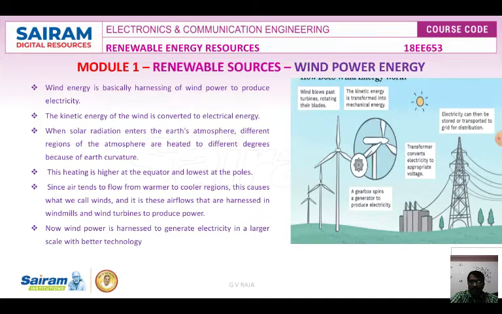This causes what are called winds. These airflows are harnessed in windmills and wind turbines to produce power. Now wind power is harnessed to generate electricity at a larger scale with better technology.